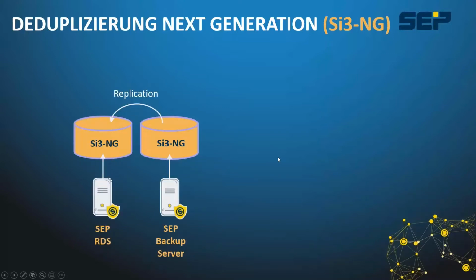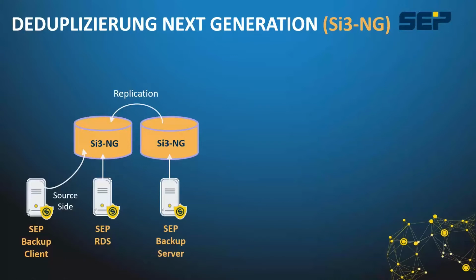You also have another SI3 NG on a remote device server. You can replicate the data. You have source-side deduplication from the backup client. That's also possible. So essentially, that's the same functionality as with the previous version of our deduplication.